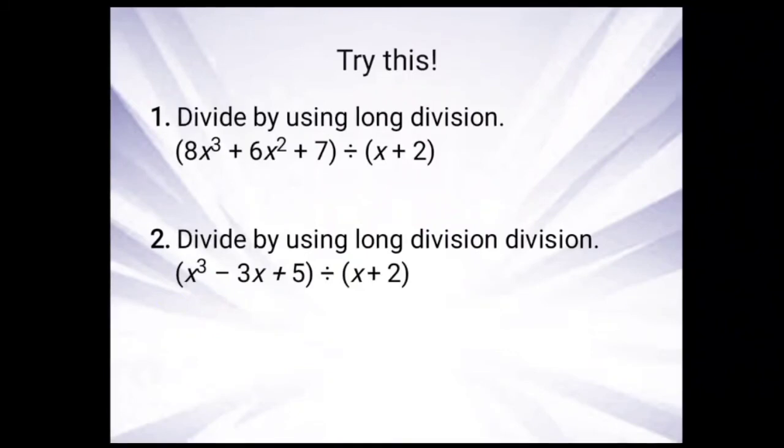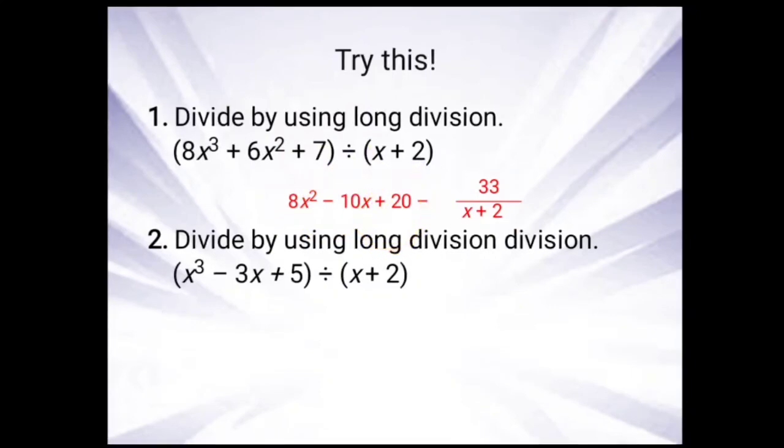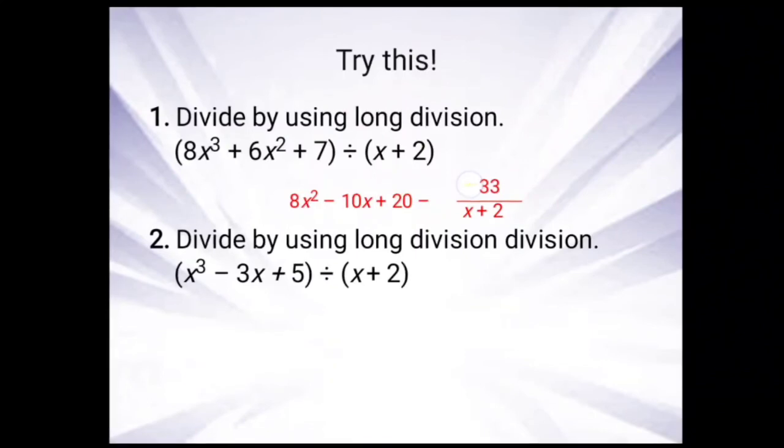Now I will reveal the correct answer. The correct answer for number 1 is 8x squared minus 10x plus 20 minus 33 divided by x plus 2. Why minus? Because this is negative 33.